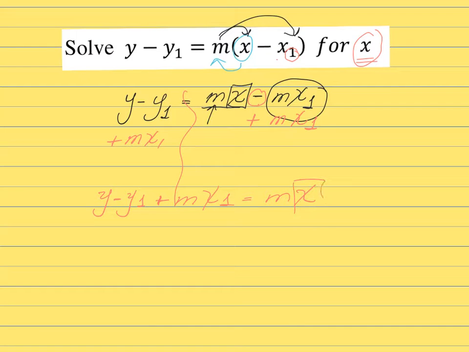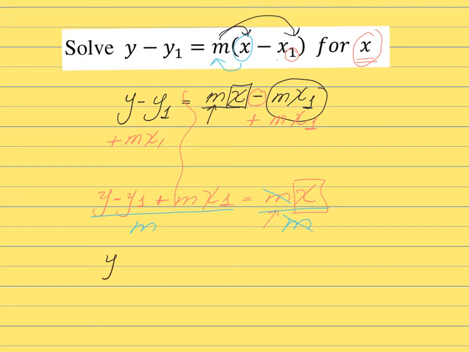Is your x isolated? No, because it's multiplied by the slope. So your next step is to divide. You will divide because what is the opposite operation? Multiplication. And you're going to do the same over here. Same over there. So I'm going to rewrite my expression.